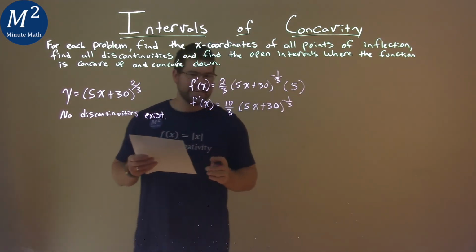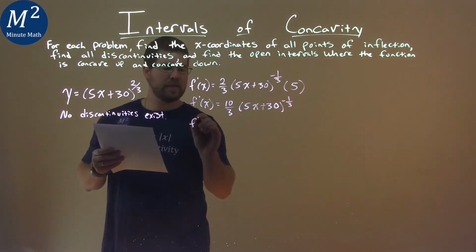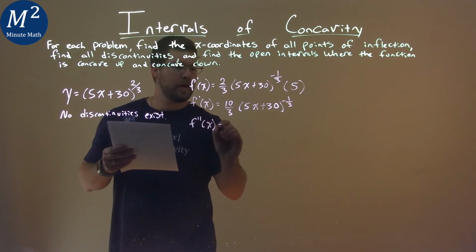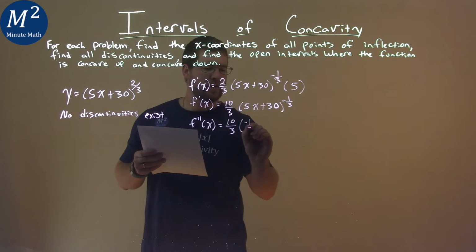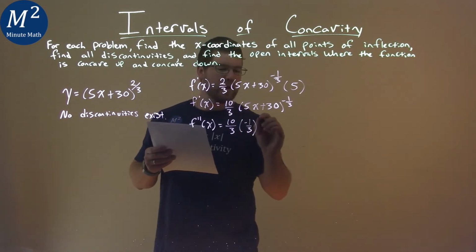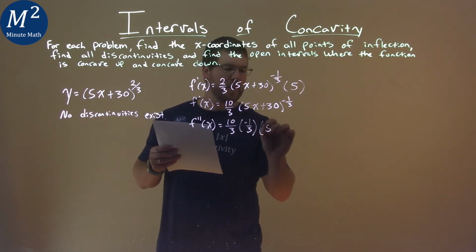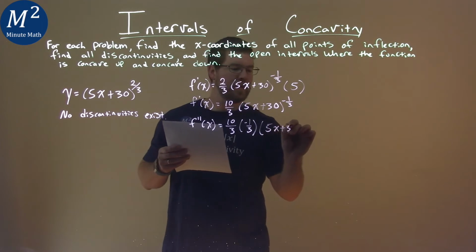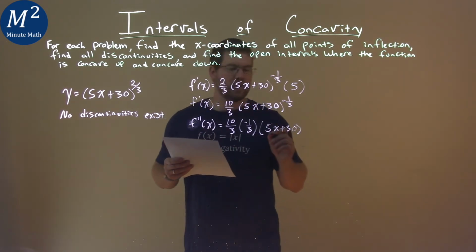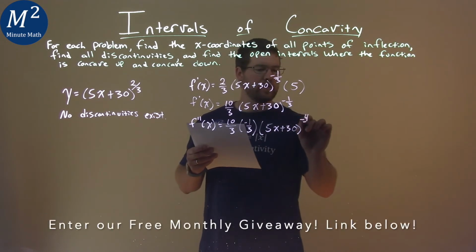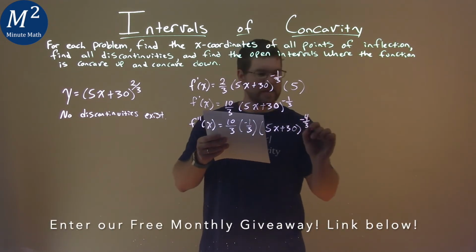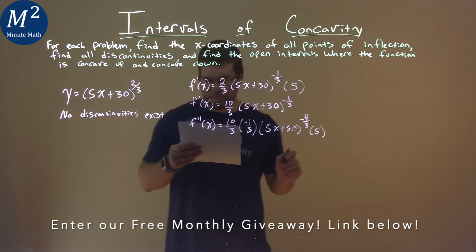Now let's find the second derivative. For f double prime of x, again 10/3 out front, multiplied by the -1/3 that comes down. Power rule, keep the inside the same, 5x plus 30, subtract the exponent by 1, and we have a -4/3, times the derivative of the inside, which is just 5.